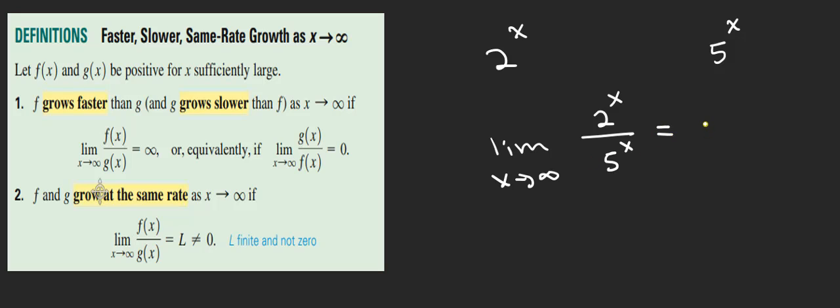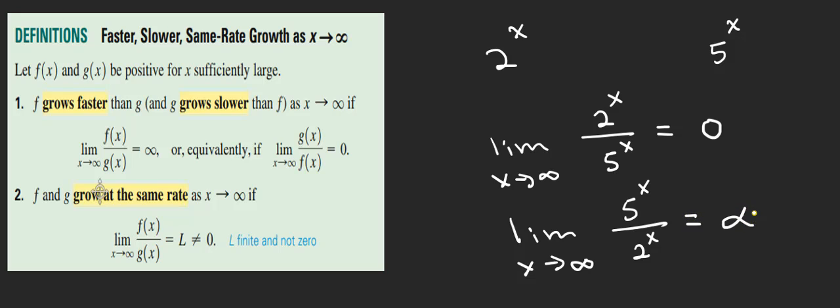And you know that it will go to 0 because 5 to the x grows faster than 2 to the x. And if you have a limit as x goes to infinity of 5 to the x over 2 to the x, that will go to infinity because 5 to the x grows faster than 2 to the x.